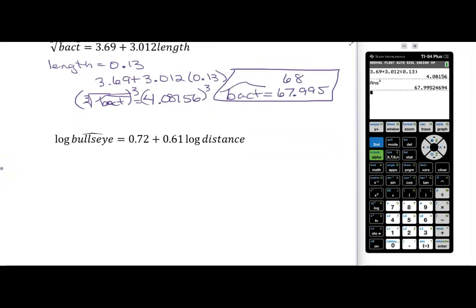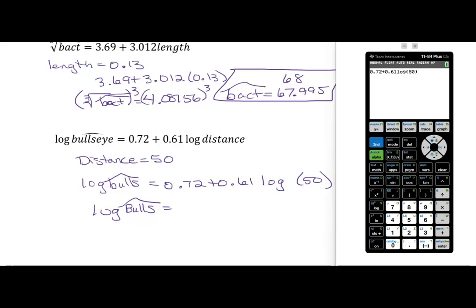All right, one last one. Okay, so let's see if we can find it with a distance of 50. So go ahead and plug this in, and then check in when you think you got it. Okay, so to plug this in, you just plug it in, and then you hit the log button. So I did 0.61, and then I hit the log button, and then 50. So I plug that in, and I get 1.75. And remember, to get rid of a log, I hit second log.